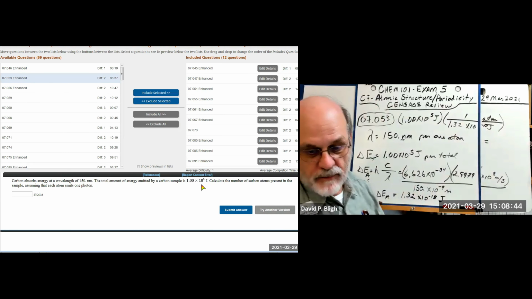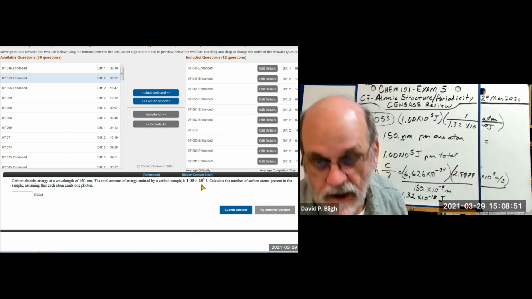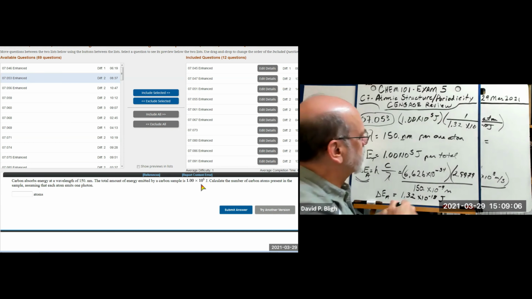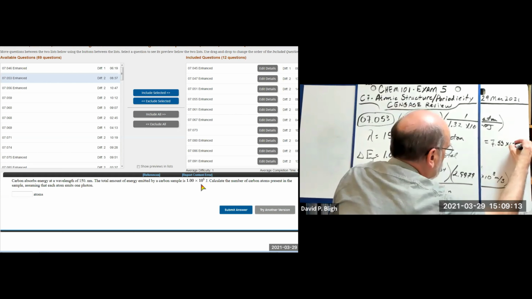That should give us the number of atoms. Was that the question? Total amount of energy, number of carbon atoms. Okay. So let's see, got that one, and then we got this one. Fifth. Flip them over and divide. So I get 7.55 times 10 to the 22nd atoms.